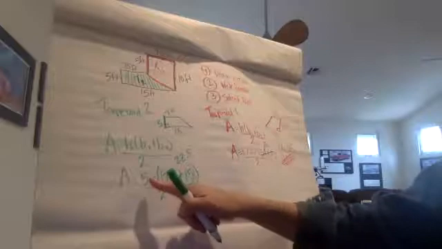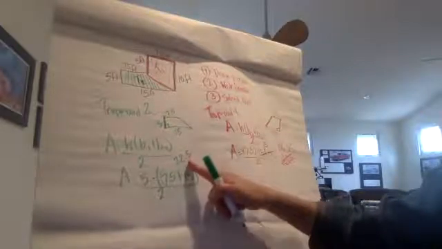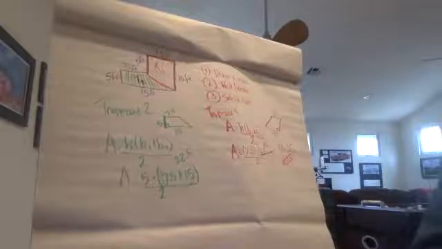Now I need to do 5 times 22 and 5/10, and then I'll divide that by 2. If you're doing it on the calculator, I'm going to do it too. I'm going to do it twice because I want to make sure I have an answer that's correct.